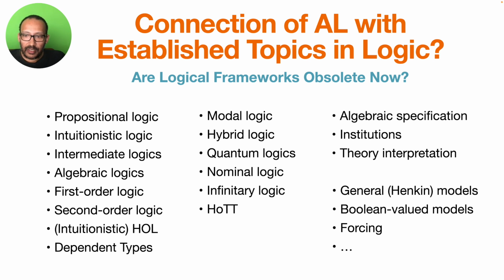Also interesting are things like Boolean variant models, and these actually inspired the idea to use a logical order for abstraction logic. I saw a paper on forcing by a former PhD student of Thomas Hayes, where he formalized forcing in Lean, and as part of this also formalized Boolean variant models, I think.